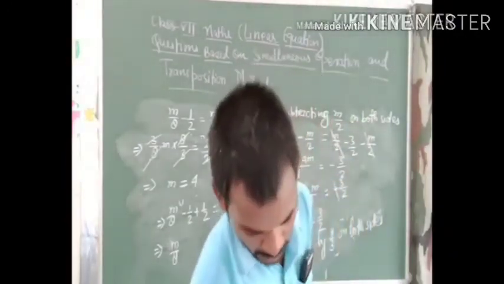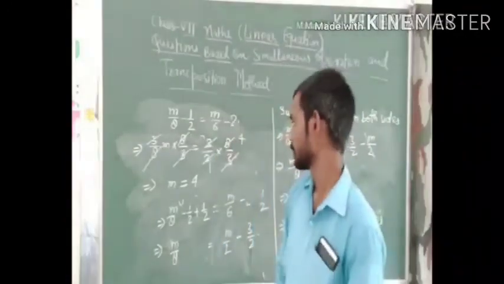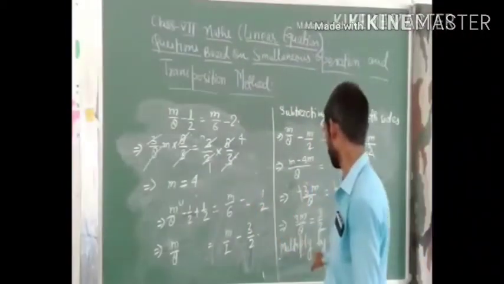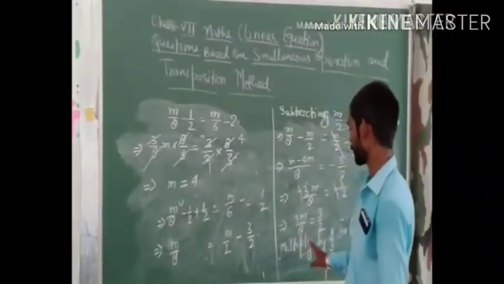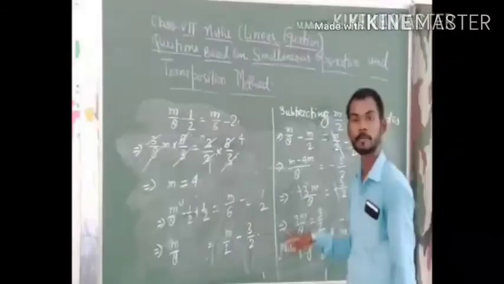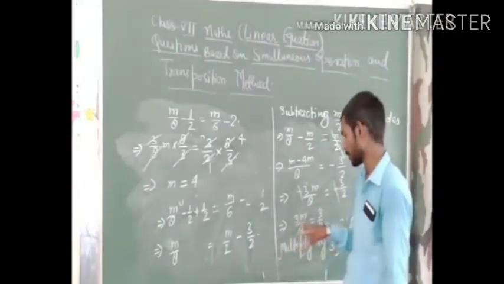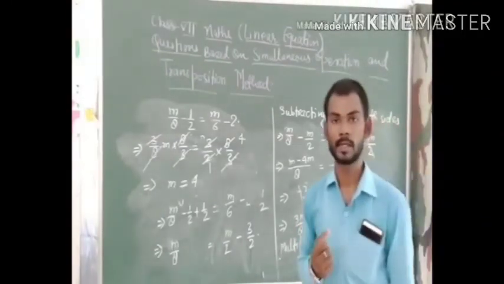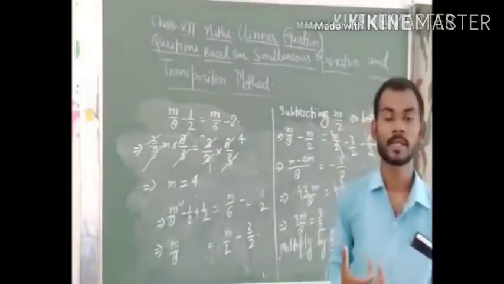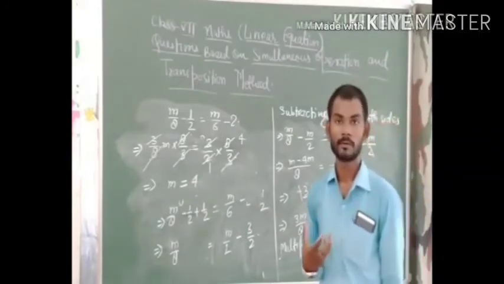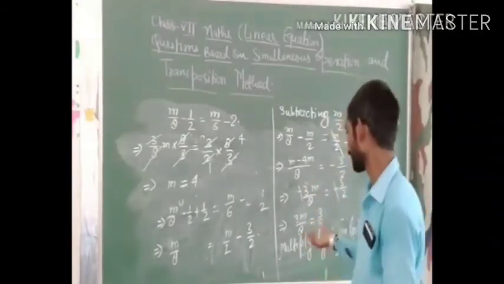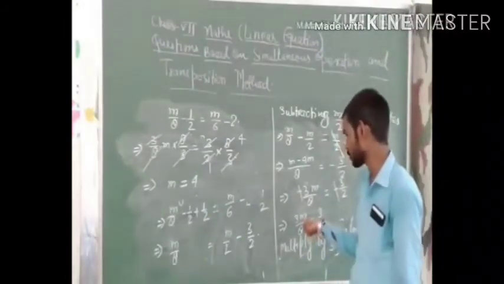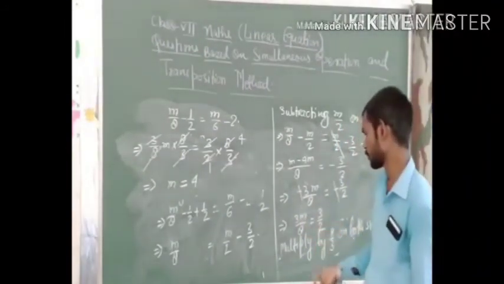But instead of this, if you have any problem, then let's see from this step. Here we can see that the variable m contains a constant quantity. And in the simultaneous operation method, we know that we have to isolate the variable m, so we need to separate this. How will we do this?